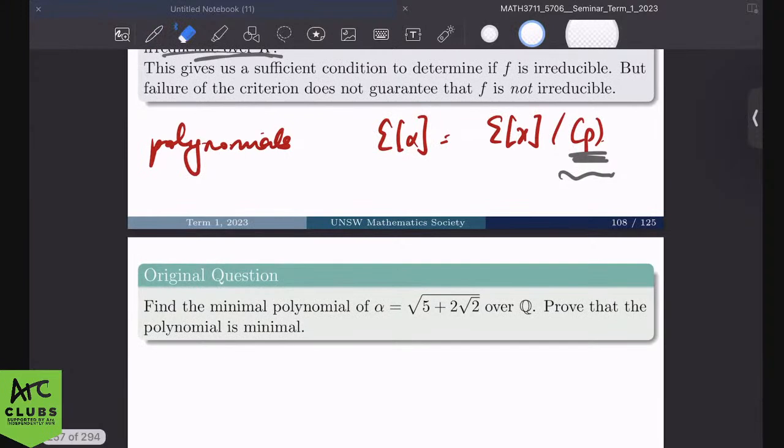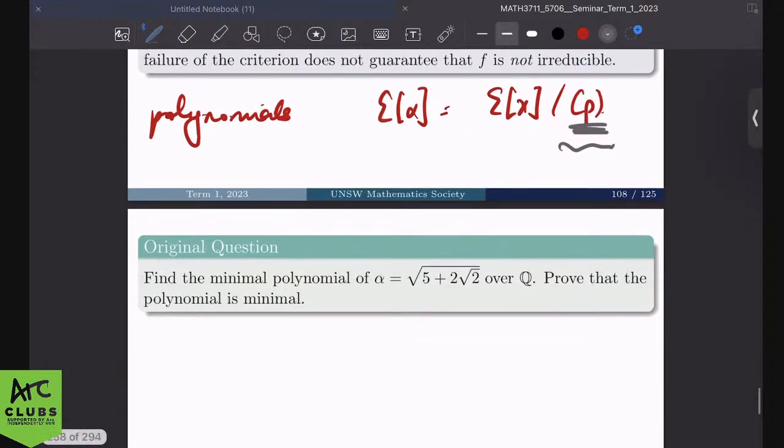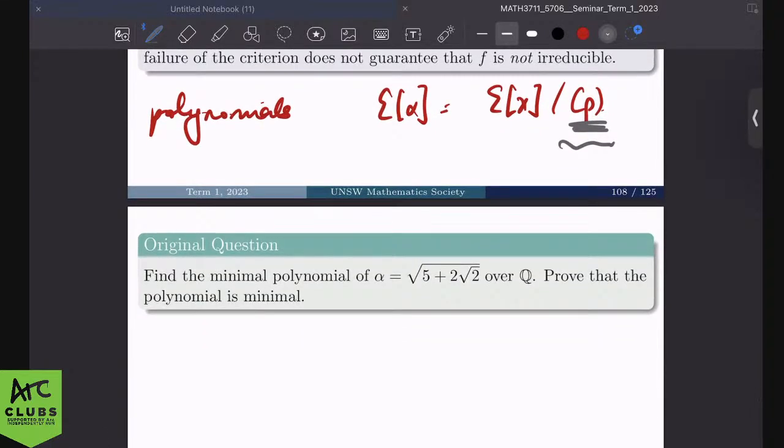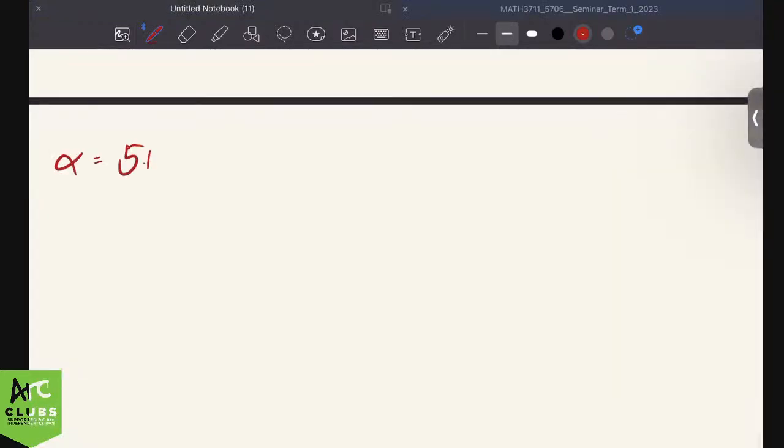Okay, so let's do an example. Let's find the minimal polynomial of alpha equals 5 plus 2 root 2 over Q. We're trying to find a polynomial that has this as a root, which means we need to do stuff to this to get it down to a rational number.